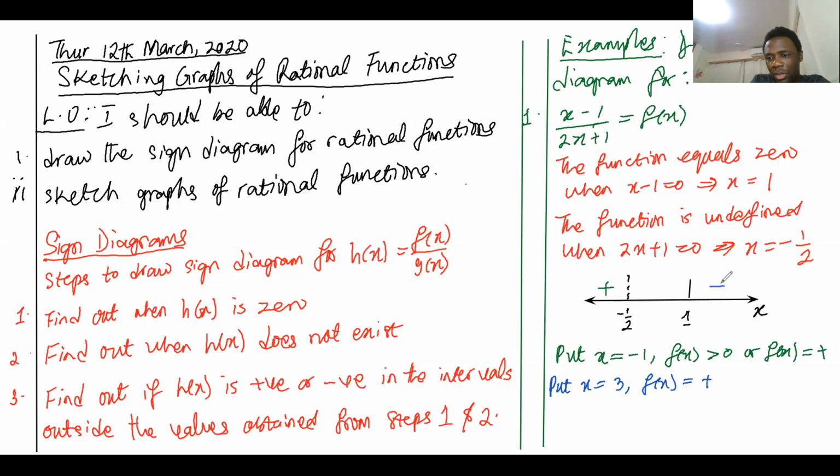So this is positive. In between now, if you pick any value in between, 0 is one of them, right? If you put 0 here, what happens? That's negative, that's positive, that's also negative. You agree? Check another one. Maybe half is also there.